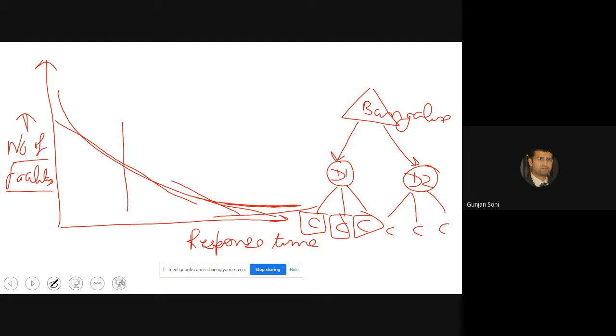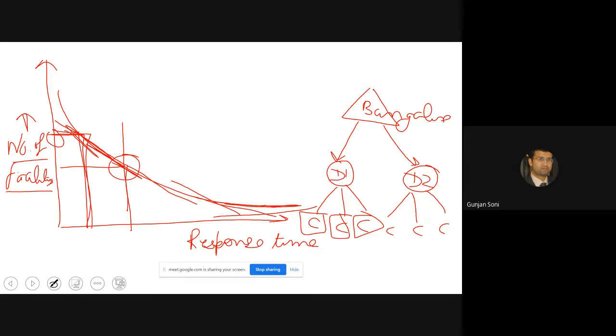So we need to find the right place where we can get the reduction in response time at an optimal rate. The steepest part of this curve will give me the right number of facilities. Probably it is steepest over here somewhere.